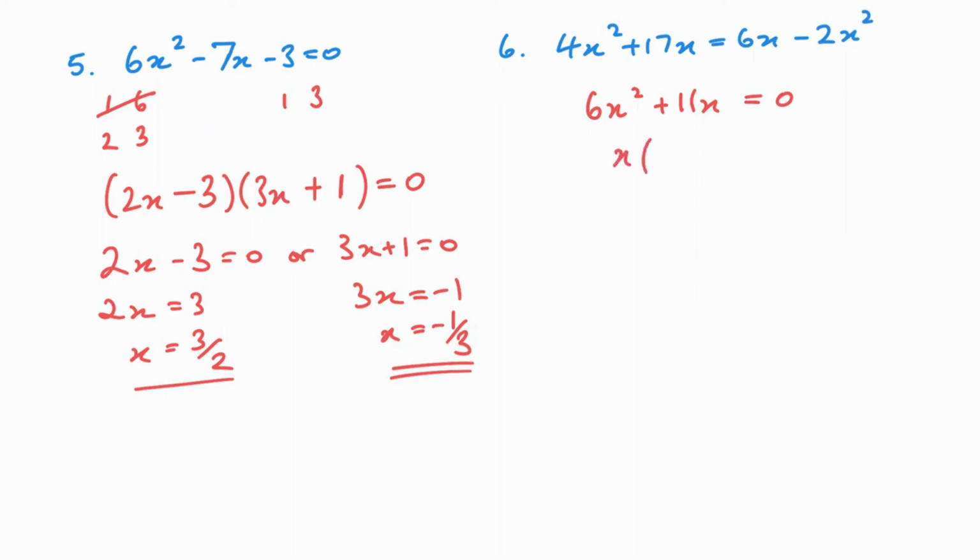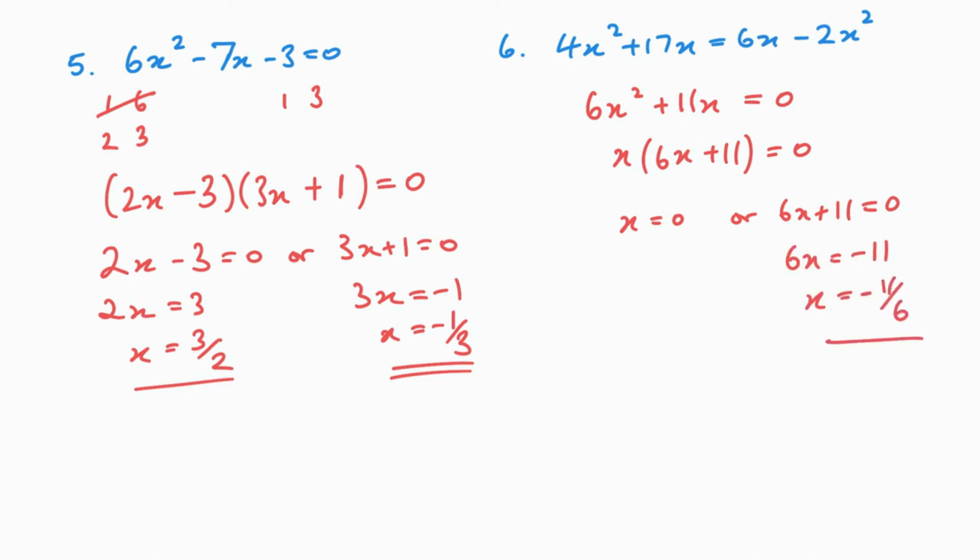So we can only factorize out the x, sorry, x times 6x plus 11 equals 0, so x equals 0, or 6x plus 11 equals 0. 6x equals minus 11, so there we are, x is negative 11 over 6. So there's my two answers there.